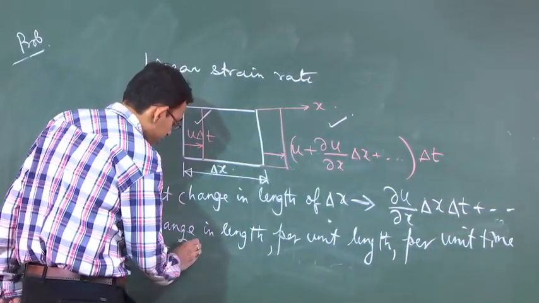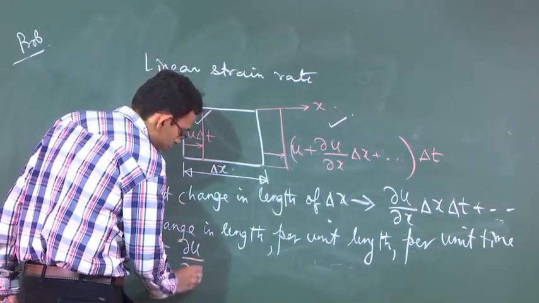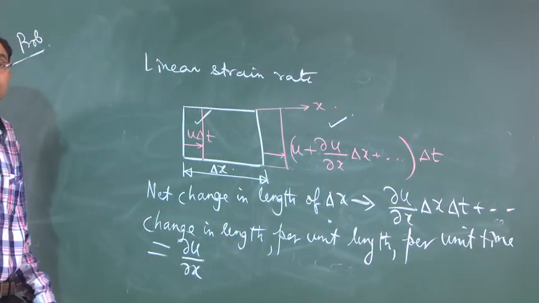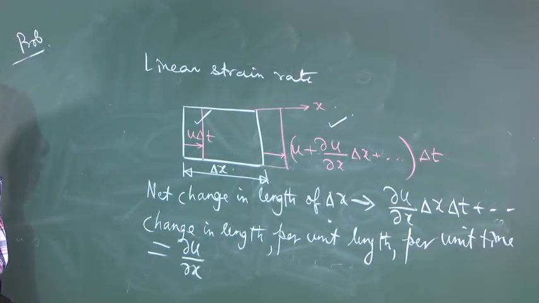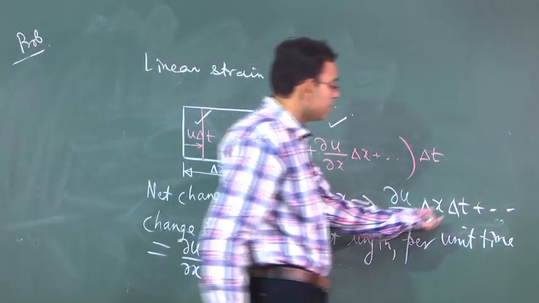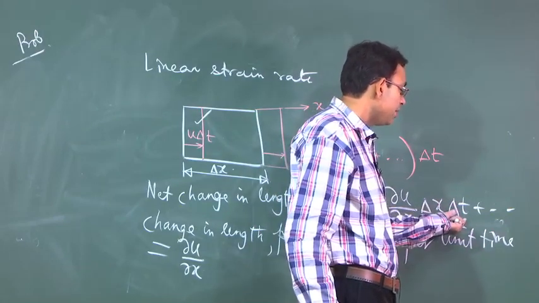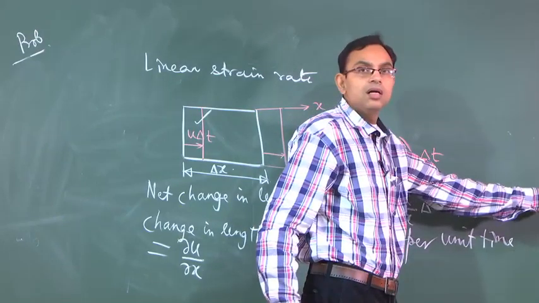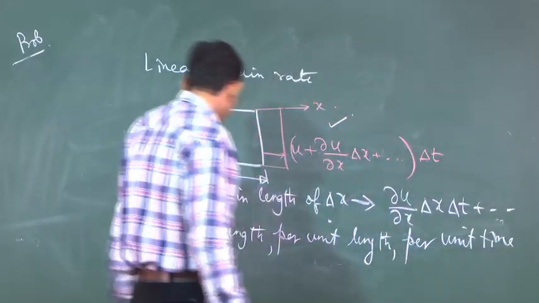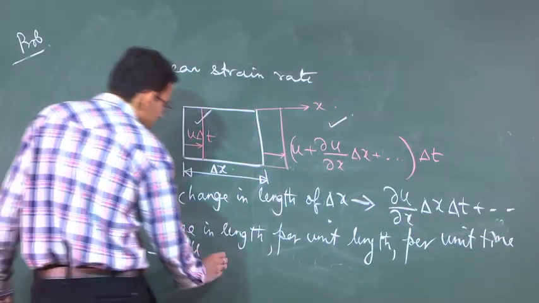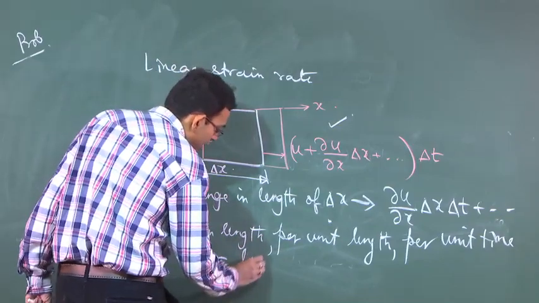So this is del u del x. You divide it by delta x, divide it by delta t, and if you take delta x and delta t in the limit tending to 0, all the higher order terms will vanish. So this is the linear strain rate along x.